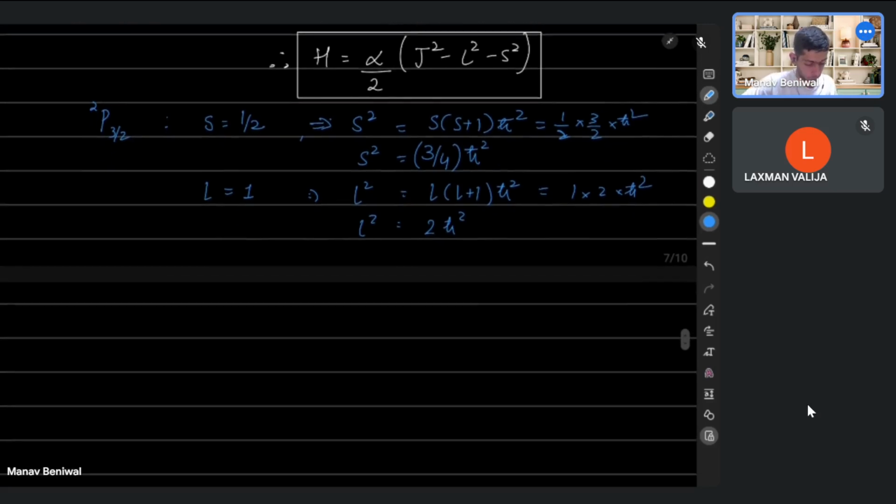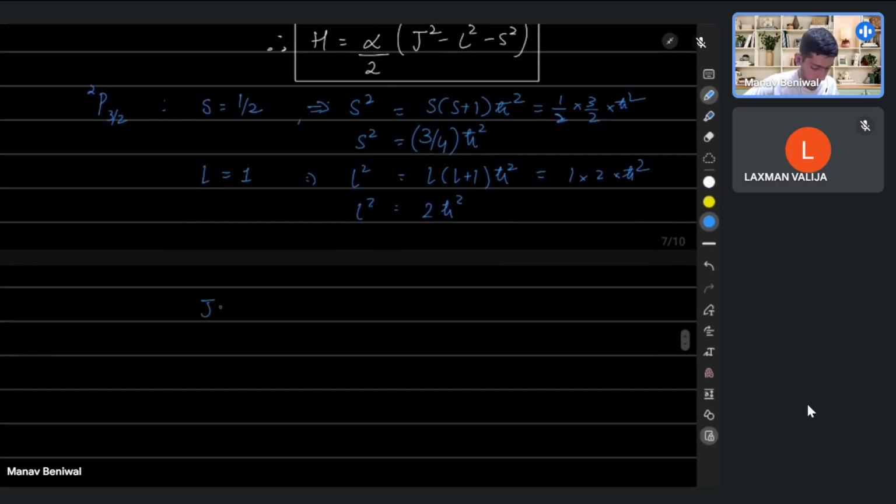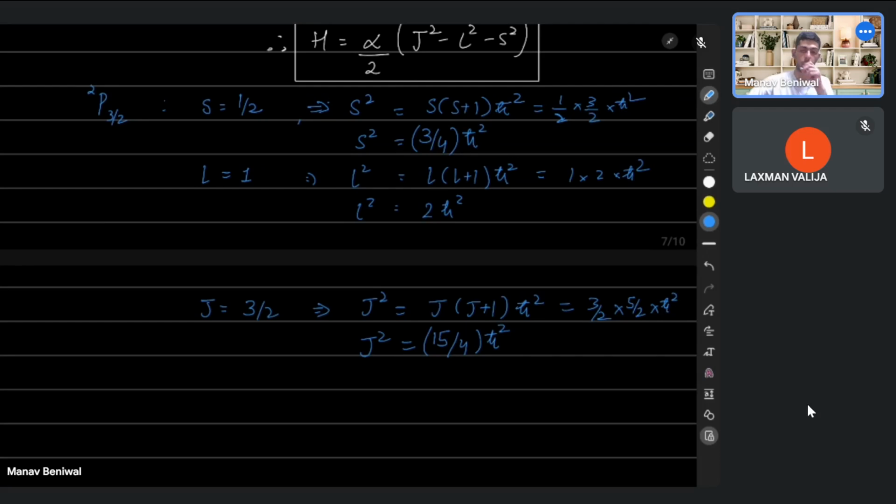For 2p3 by 2, our value of j will be 3 by 2, which implies that j squared, which is j times j plus 1 times h cut squared, will be 3 by 2 into 5 by 2 into h cut squared, or 15 by 4 h cut squared.